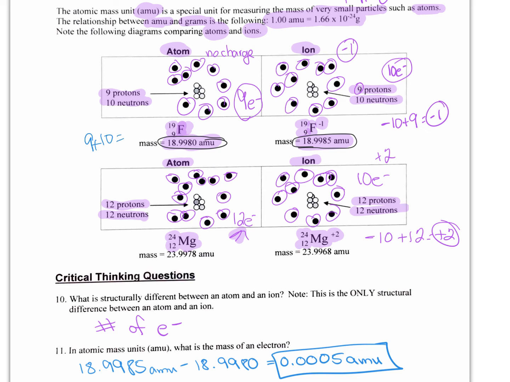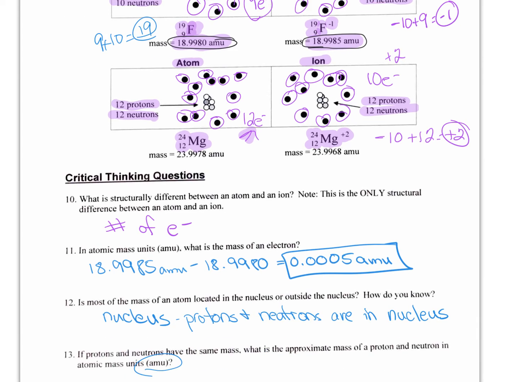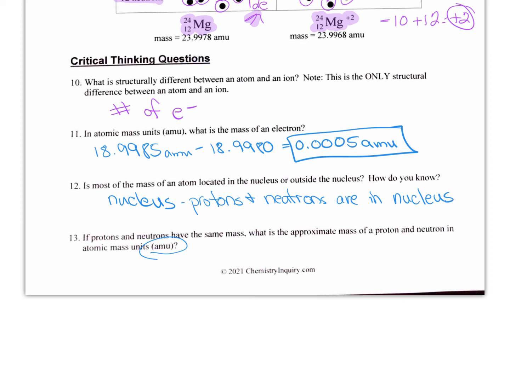If I add those two together, that gives me 19. 19 is very close to 18.99. So we can use that and say that the mass of the protons and the neutrons, they're about 1 AMU apiece.